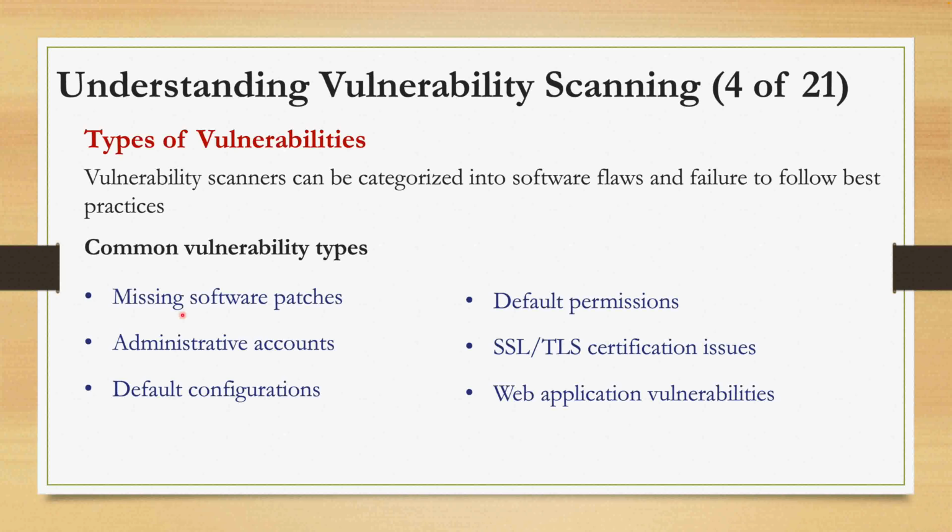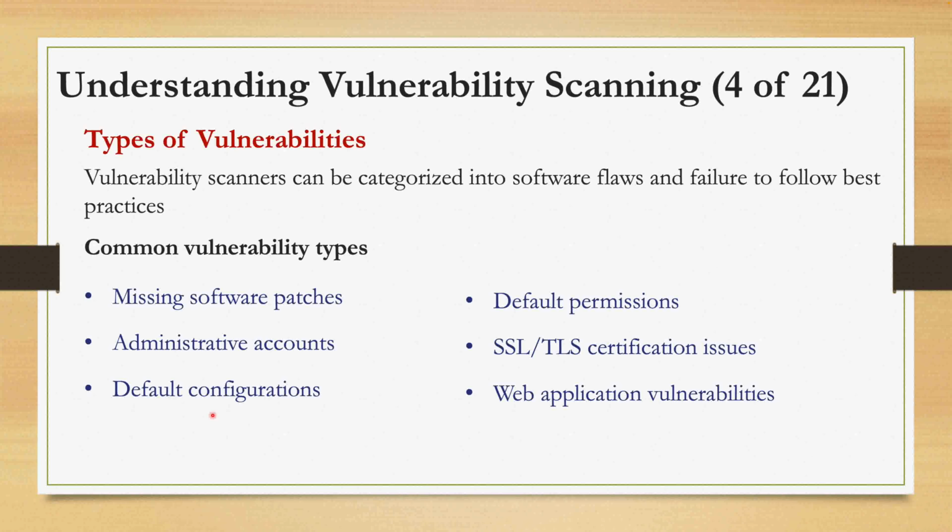Obviously, attackers will try to exploit these flaws to gain unauthorized access. Administrative accounts means the use of weak or default admin credentials, because of poor account management, like unused accounts or shared credentials, which obviously increases the risk.